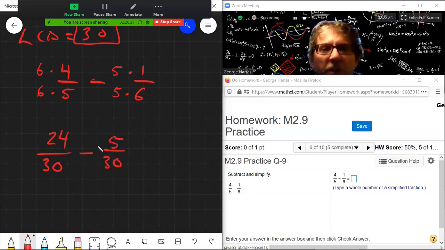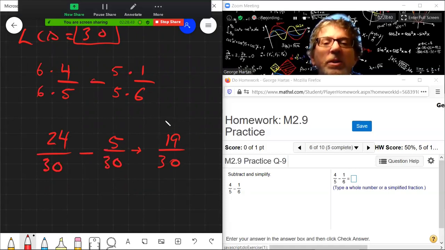So the only difference is we're subtracting now rather than adding. Other than that, it's the exact same process. So what do we get? 24 minus 5 is 19 over 30. 19 is prime, you said. Correct. Which means this does not reduce, and 19 does not go into 30. We're done.